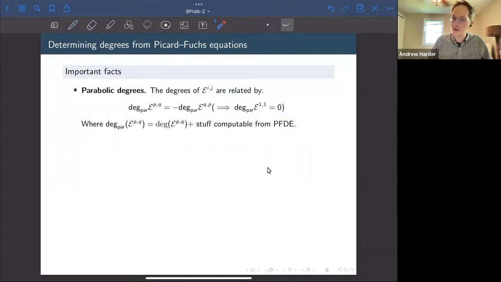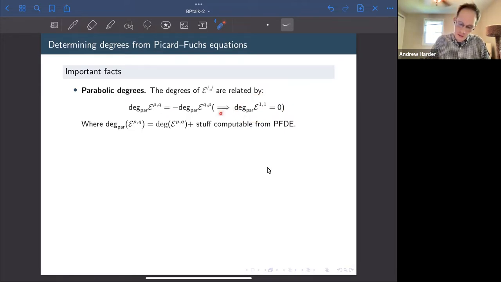So the nice thing about this parabolic degree, which is defined by Simpson, is that it satisfies this nice duality statement that E^{p,q} has the same parabolic degree as E^{q,p} times -1. And in particular, for us, the important part is that this says that E11 has 0 parabolic degree.